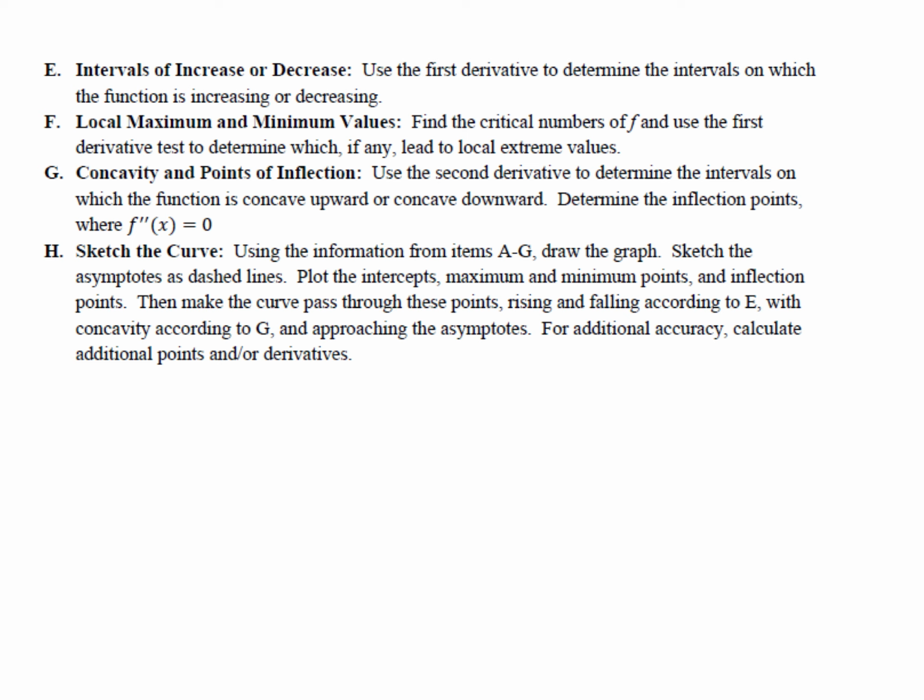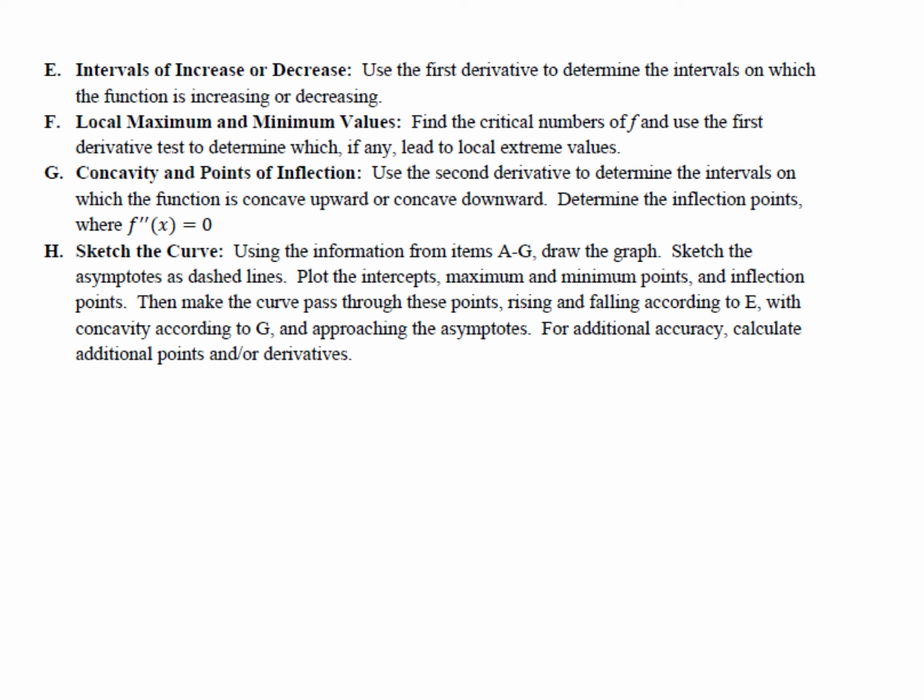So we want to sketch the asymptotes as dashed lines. We want to plot the intercepts, the maximum and minimum points, the inflection points, and then we want to draw the curve so that it passes through those points. It's rising and falling according to the intervals of increase and decrease. The concavity is correct, and we want to make sure that the graph is approaching the asymptotes in the right way.